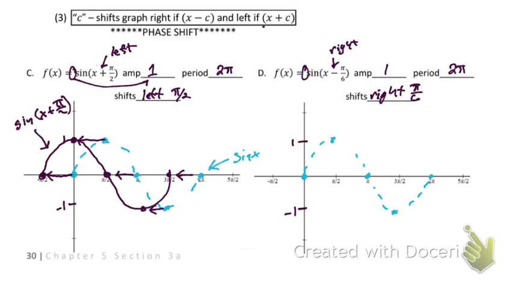We need to move right pi over 6. However, I don't know how far pi over 6 is. So a good idea is to recognize that pi over 6 is one of our key things on the unit circle. It goes 0, pi over 6, pi over 4, pi over 3, and then pi over 2. So if I'm using one of these key things, knowing that information, it's going to look something like this.